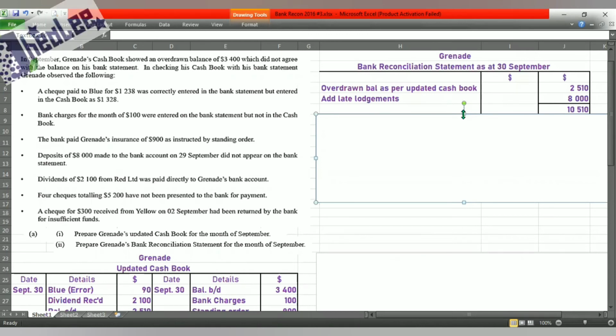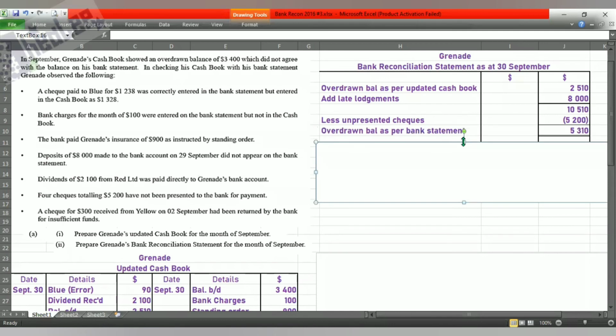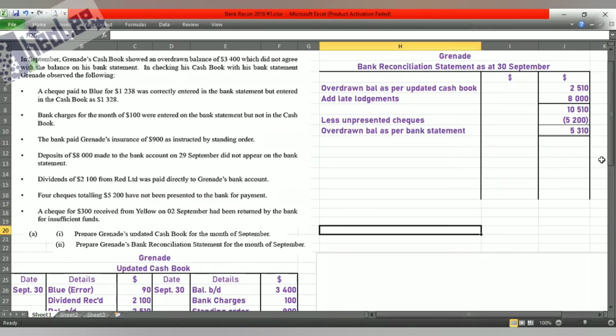So you notice that we add late lodgements and we're going to less for unpresented checks, and our unpresented checks total $5,200. That $5,200 is then subtracted from the $10,510, and that gives us an overdrawn balance as per bank statement of $5,310. So that is the response using the first approach.